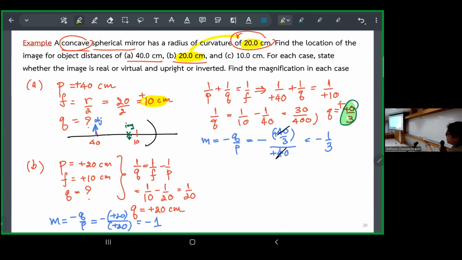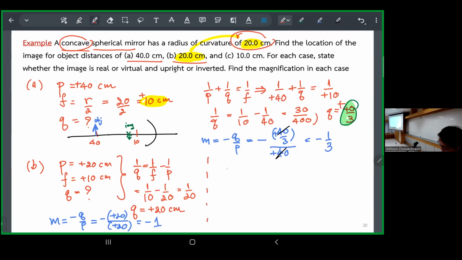So that's why your image location is exactly at the same location as the object. Does that make sense? But because of the reflection, everything has to go upside down. Perfect. So that's why the mirror equations take care of everything: the size, the distance and the orientation of the image.